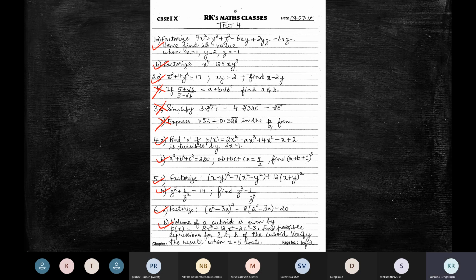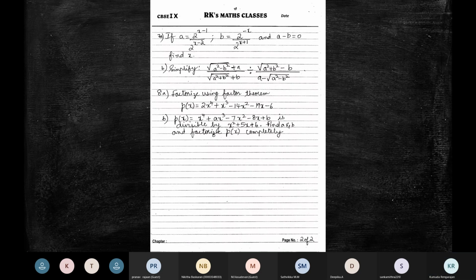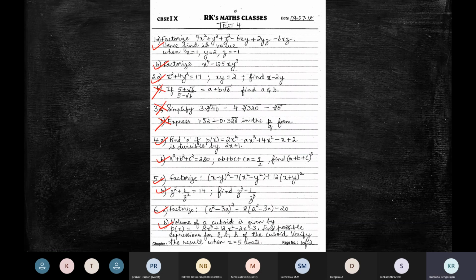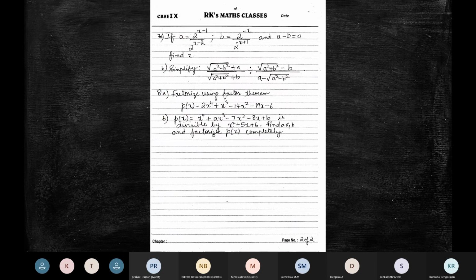Okay, this one has another side, the questions. Children, take a screenshot. These are the questions on the next side. So again, this one is term 1. Ignore this, ignore this. These two you can try. Factorize using factor theorem, and the other one is also a part of polynomials.